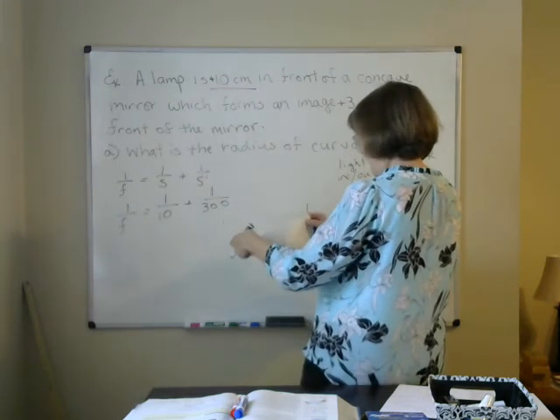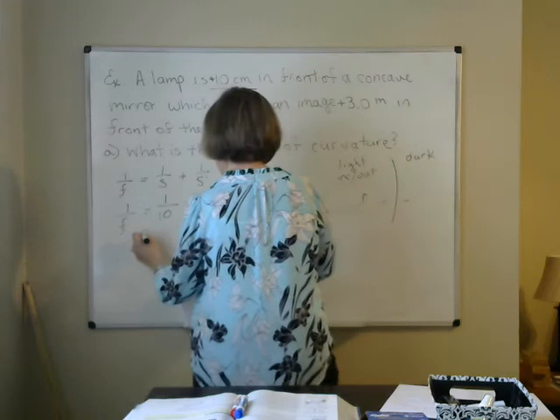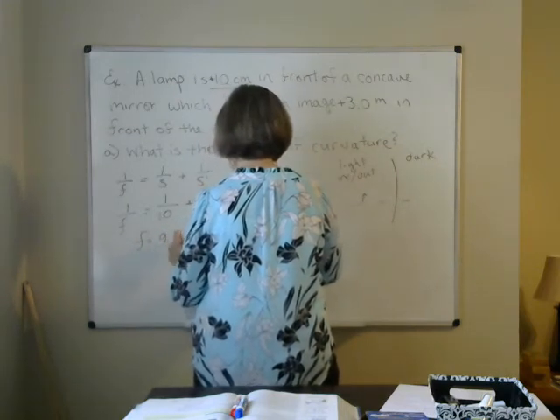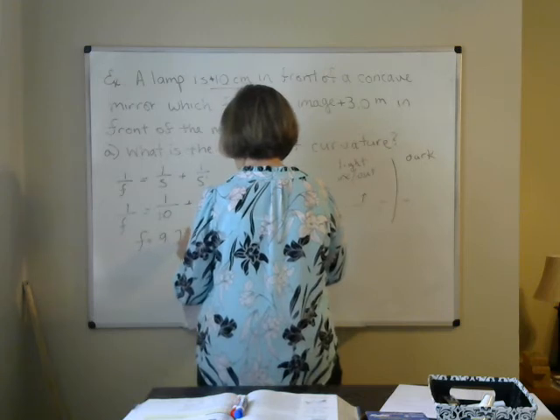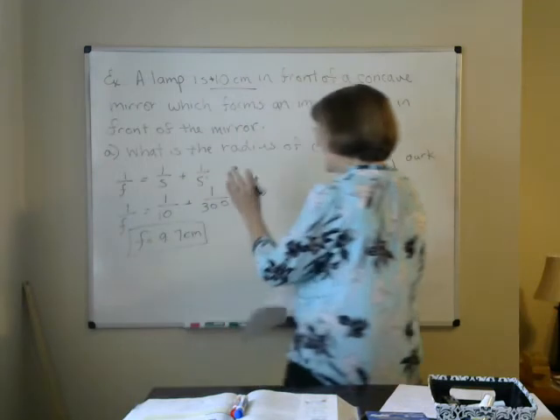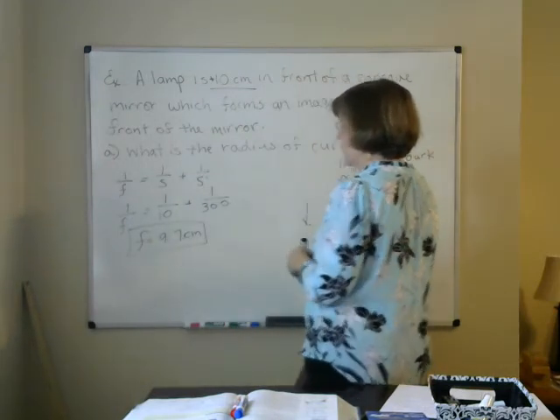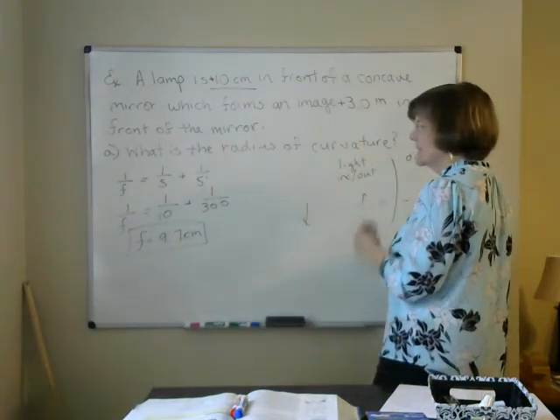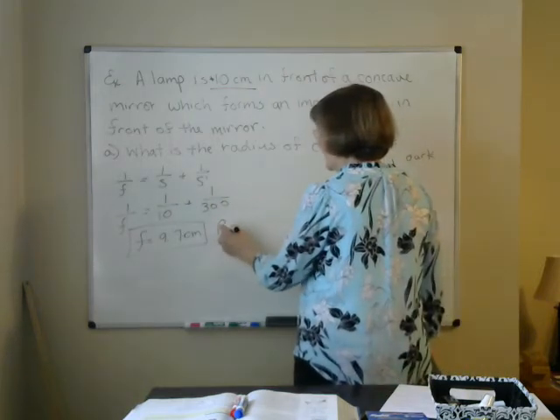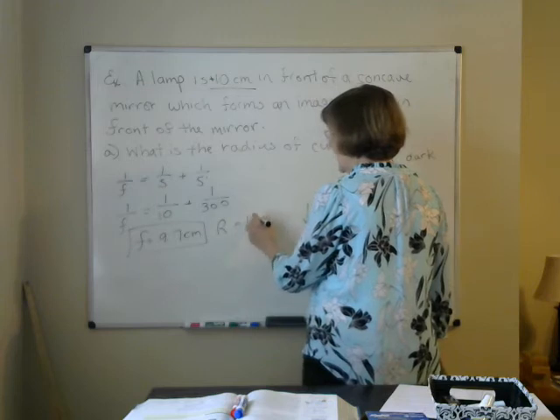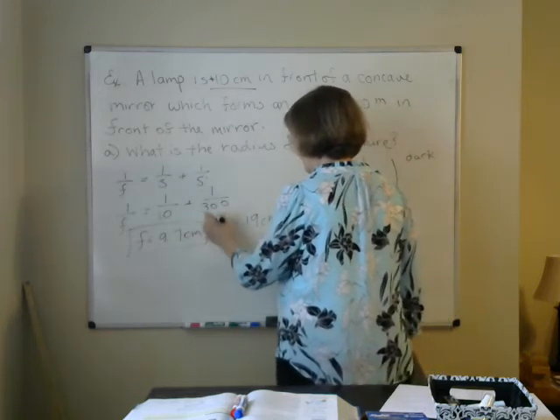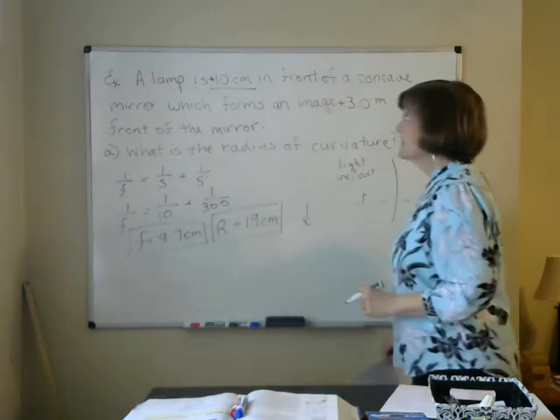When I do the math, I find that the focal length is about 9.7 centimeters. You can add those together, take the inverse. The focal length is about 9.7 centimeters. The radius of curvature to 2 significant digits is 19 centimeters. So we've answered the first question.